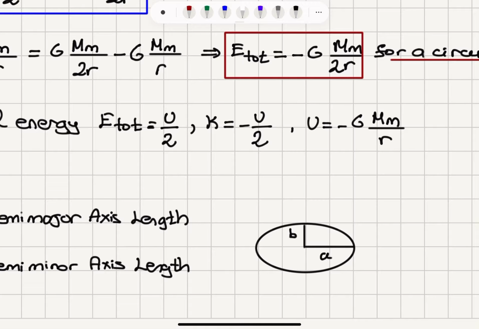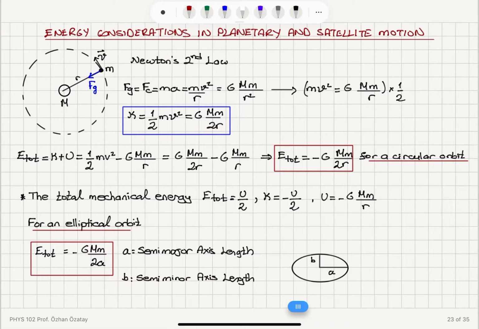So the semi-major axis length is a, and the semi-minor axis length is b. So the expression that we have obtained for a circular orbit can be used for elliptical orbits as well if we replace the radius of the orbit with the semi-major axis length. So that's what we learn.